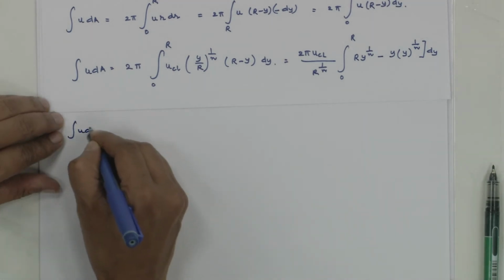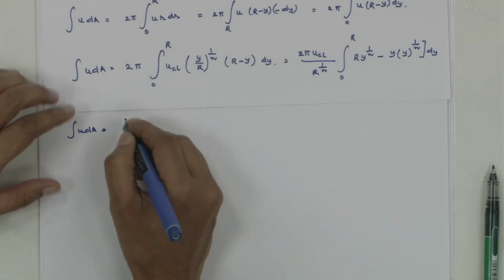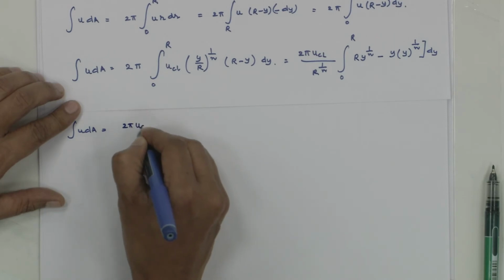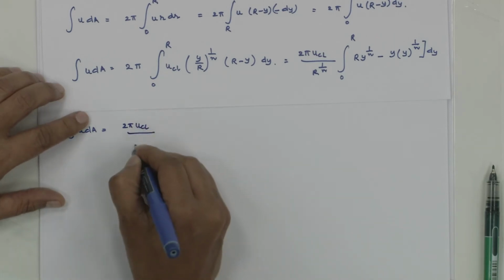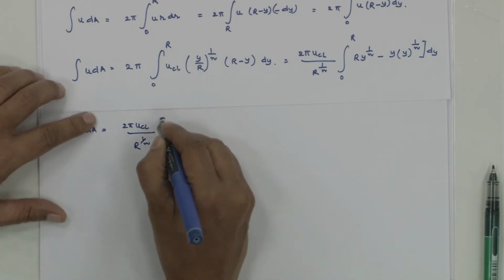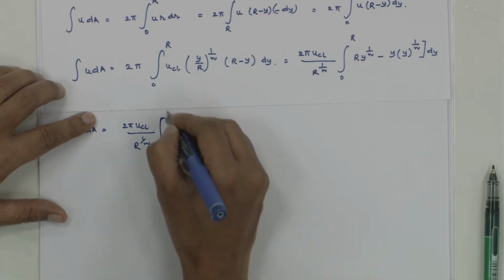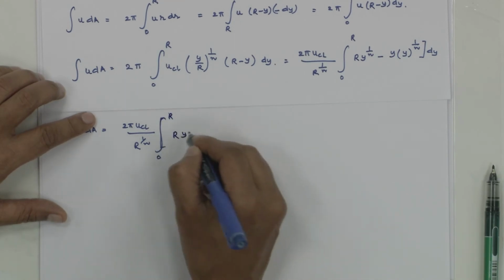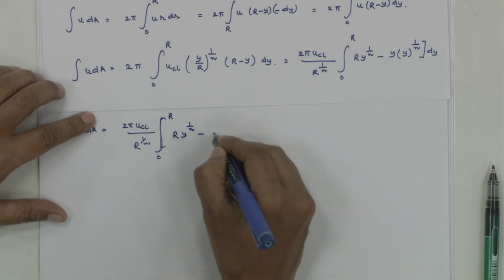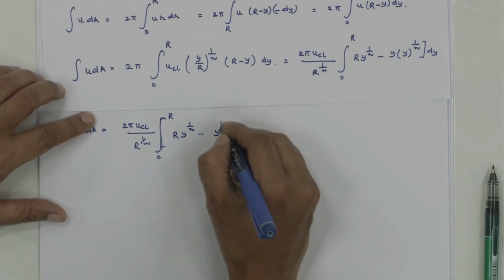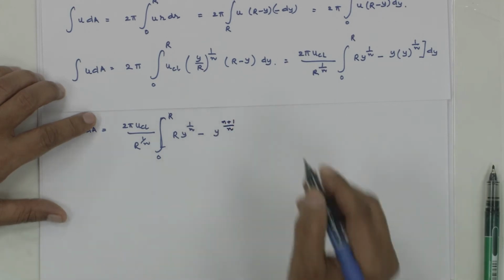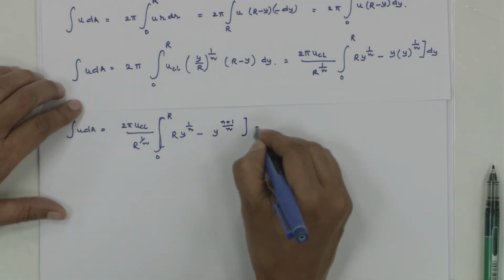∫u dA = 2π u_centerline upon r^(1/n) ∫ from 0 to r of r y^(1/n) minus y^(1 + 1/n), that is (n+1)/n, dy.